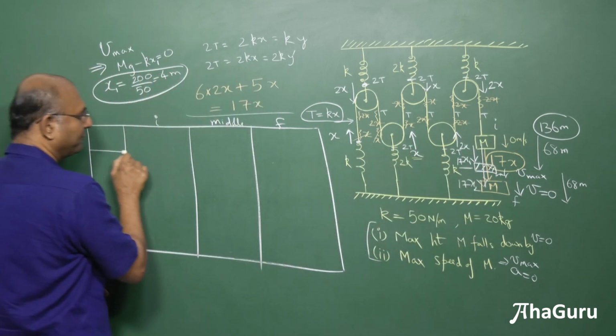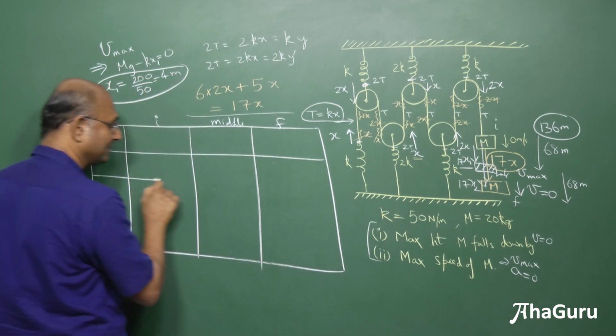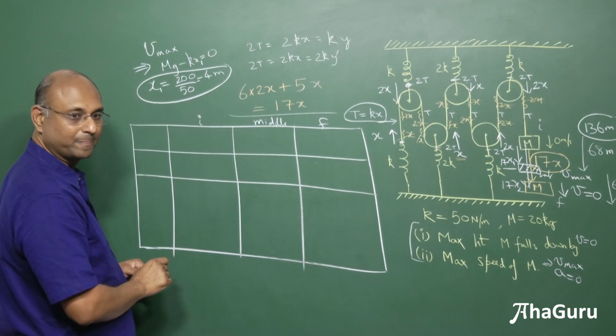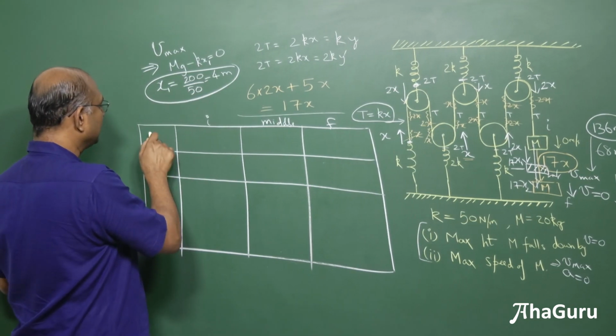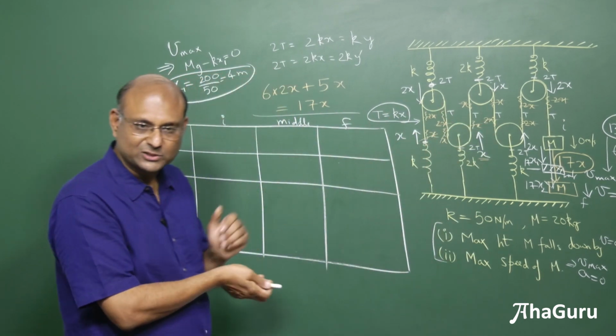So now, if I look at all my springs, it's a little bit of a mess, right? So many springs to deal with. And then I have potential energy, kinetic energy. What I will do is add up all the energies of the springs so that we can do it in one shot.